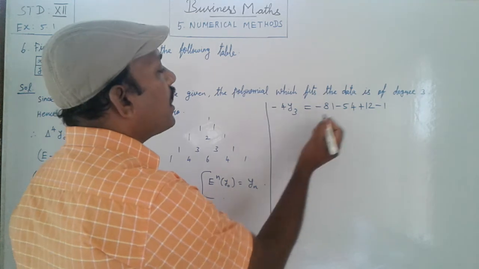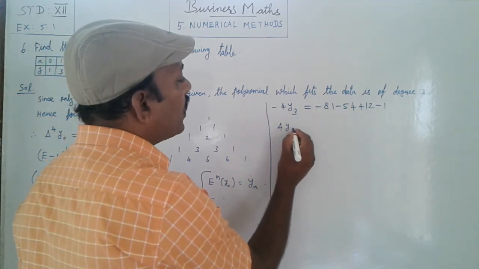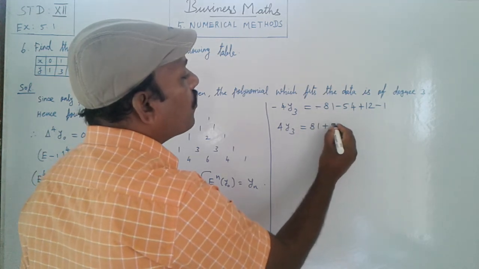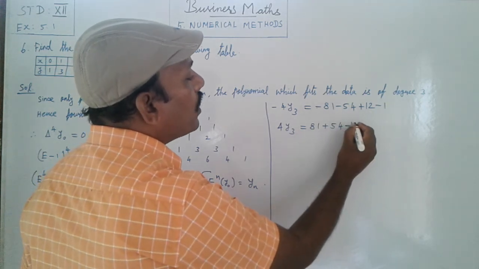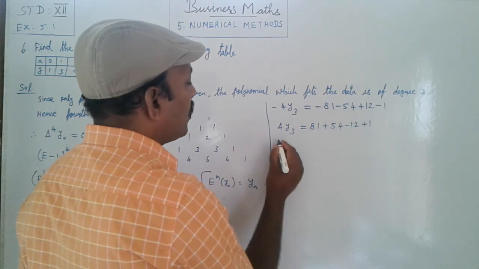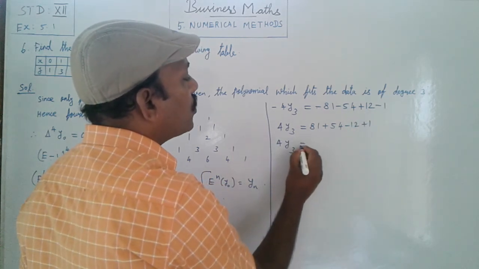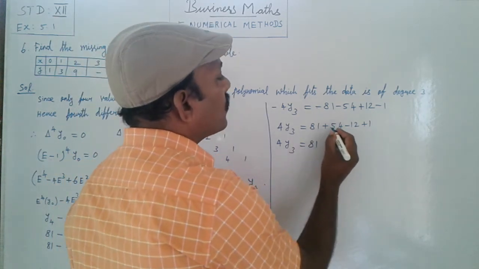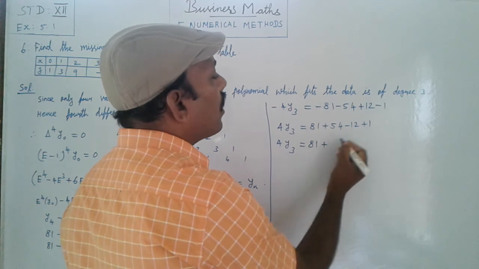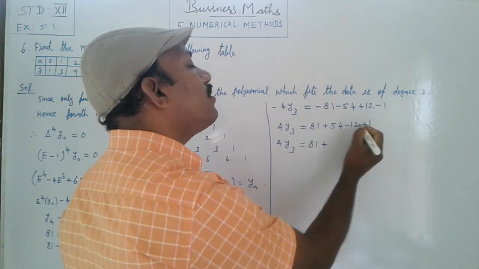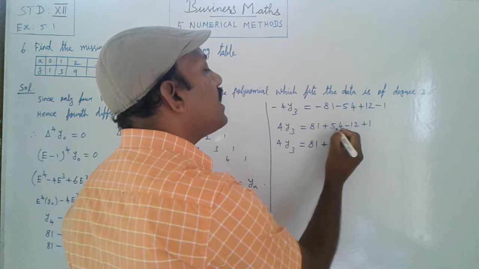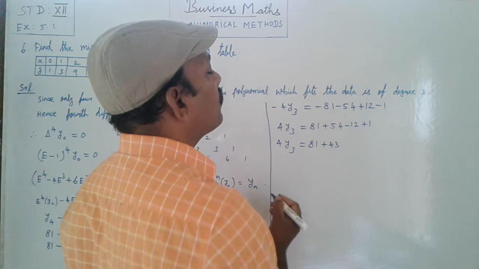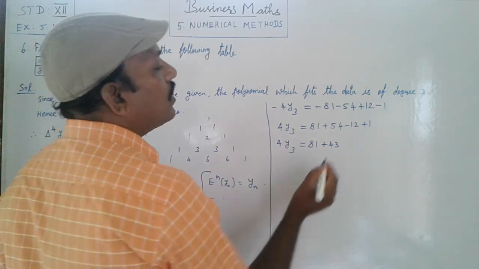So multiplying by minus, 4y3 equal to plus 81 minus 54 plus 12 minus 1. 4y3 equal to 81, plus minus 12 plus 1 is minus 11. 54 minus 11 is 43. 54 minus 11 is what? 43.